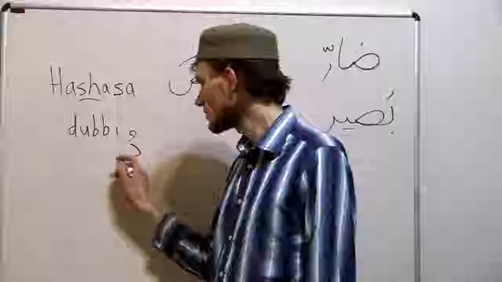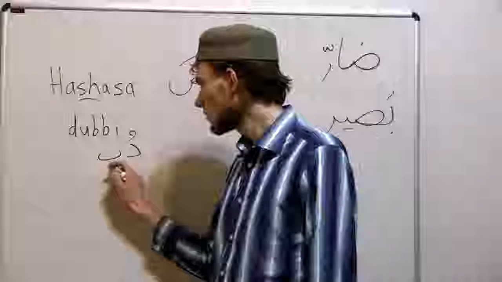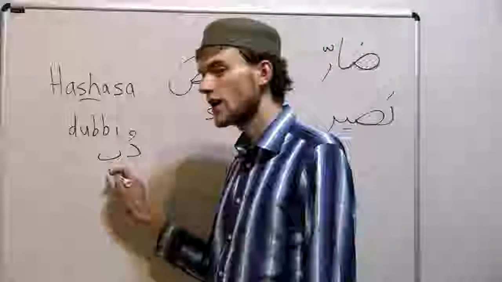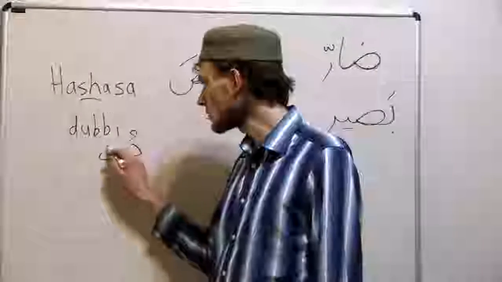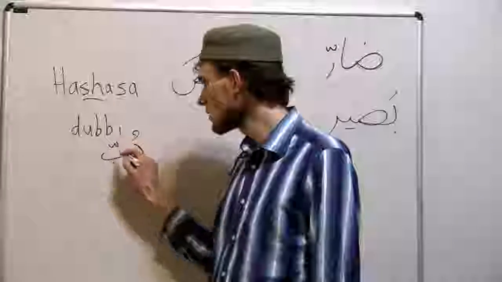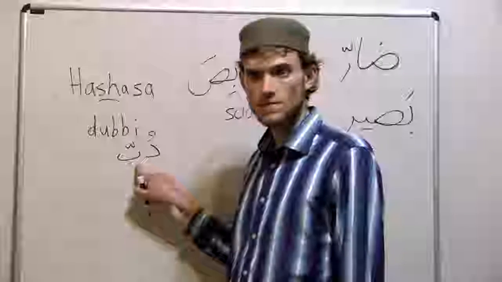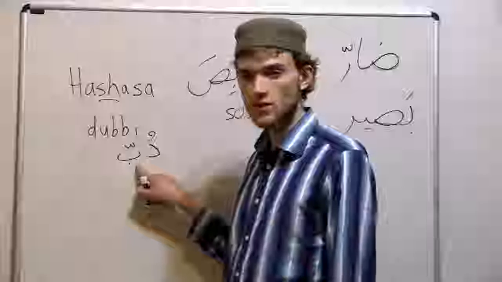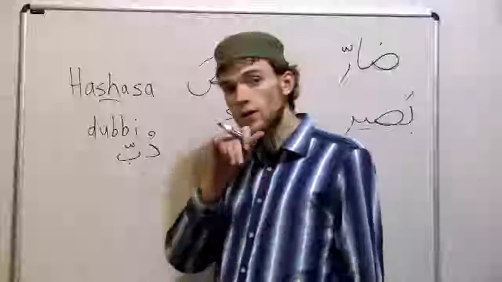And then what? Ba. Right. It's not going to be two bas together, but the ba is doubled, so we have a shadda on the ba, right? And then what's the final thing that we have? Kasra. Right.